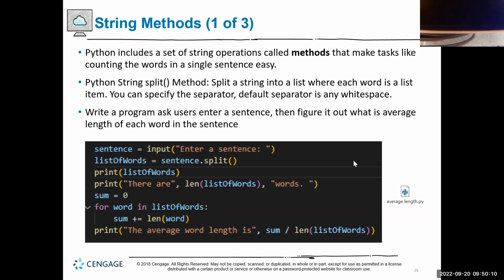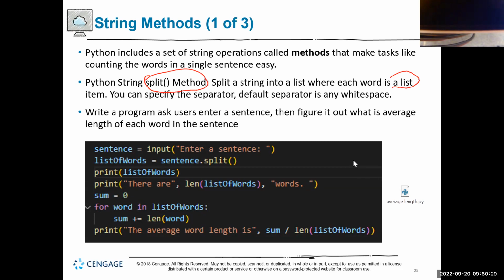Now one of the common methods is the split method. The split method splits a string into a list where each word is a list item, and later on we'll learn more about lists.